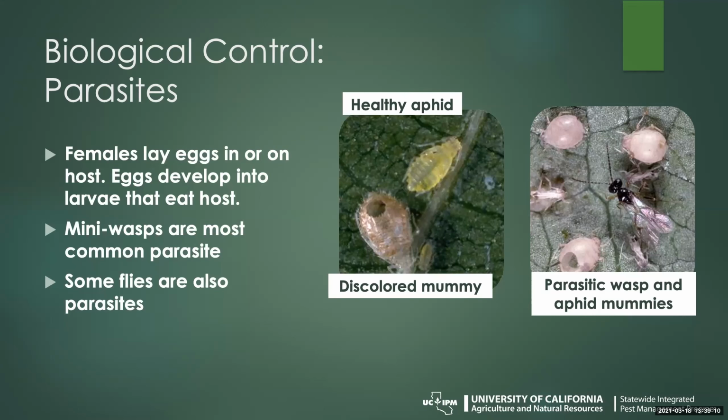You can see in these pictures that there's a healthy aphid in the middle of the first picture on the left, and a discolored one, what we call a mummy. It's called a mummy because it kind of blows up and gets discolored. And then what will emerge out of that mummy is what is shown in the picture on the right, which is a small parasitic wasp.